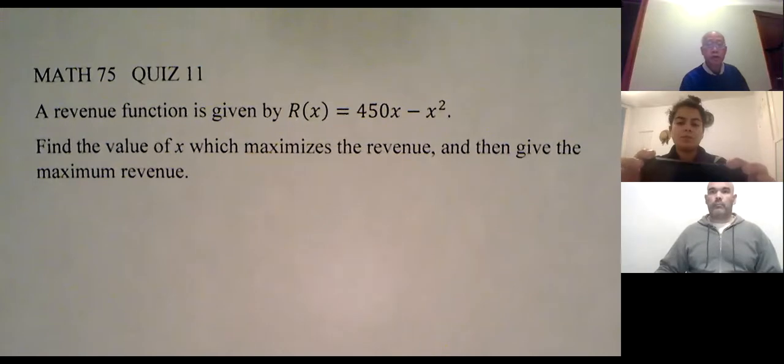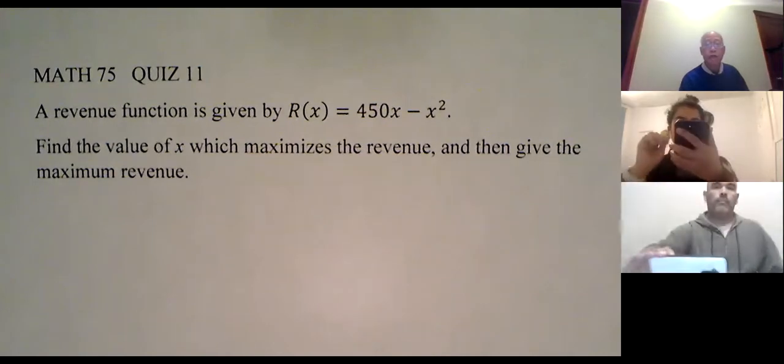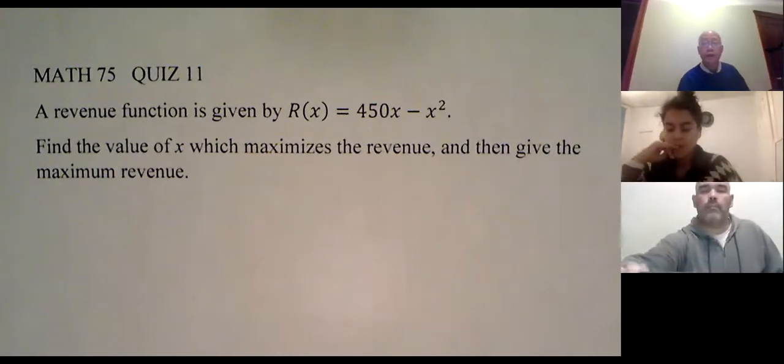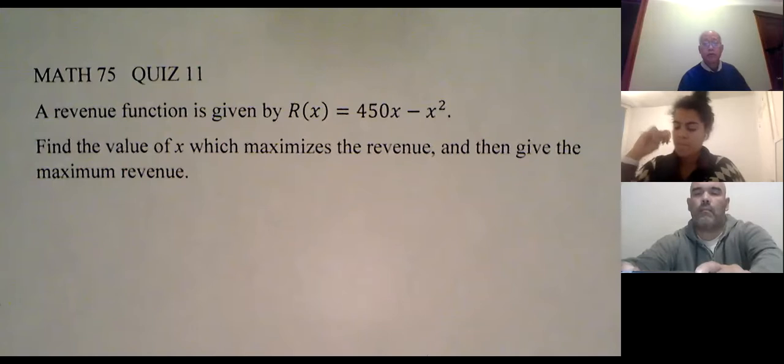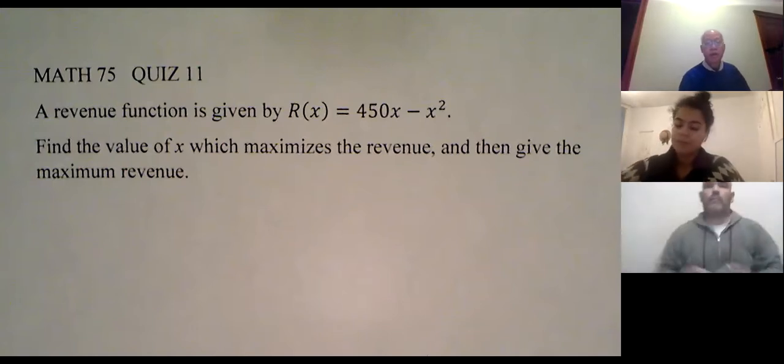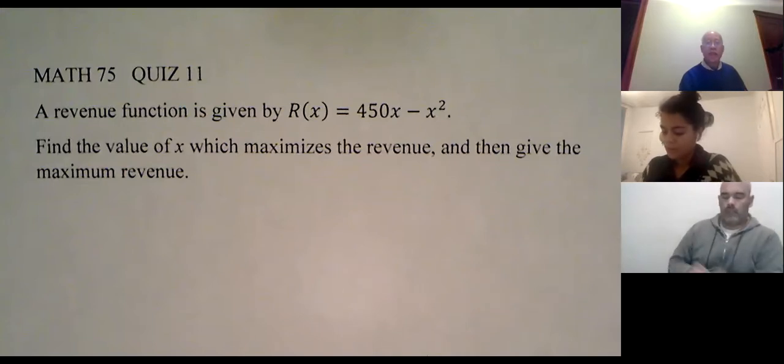A revenue function is given by R of X equals 450X minus X squared. Find the value of X which maximizes the revenue, and then give the maximum revenue. So your solution should have the X and also the revenue there.